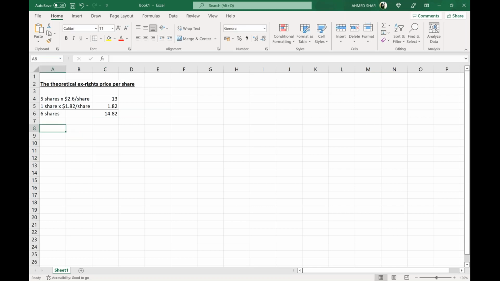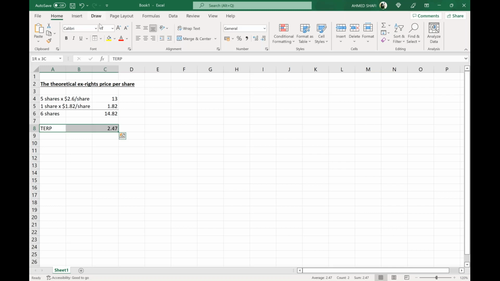You can divide them to get the TERP. 14.82 divided by 6, 2.47. This is the theoretical exercise price per share. You can also get this in total.